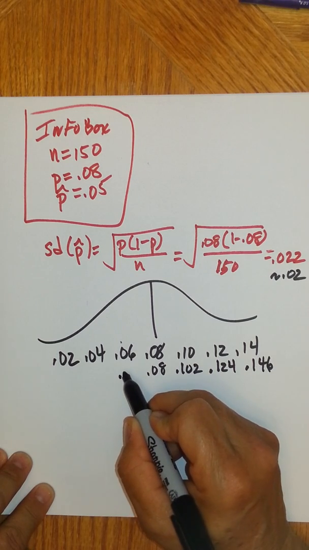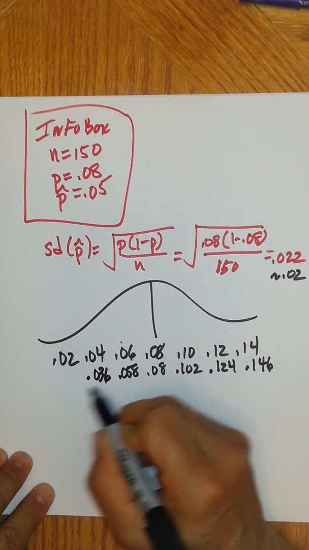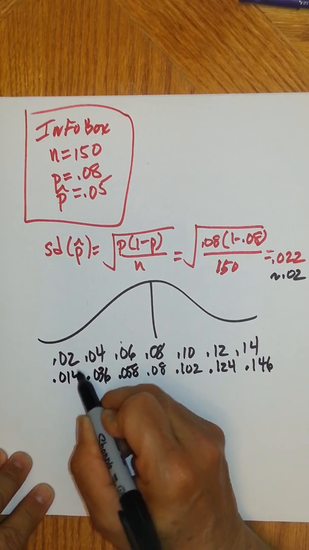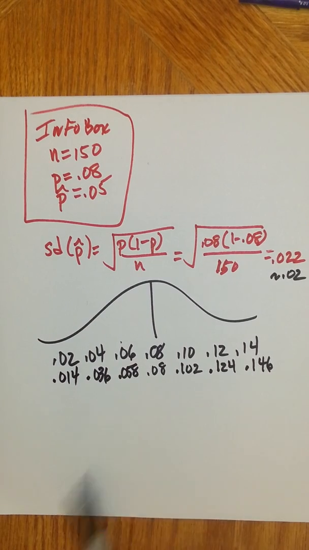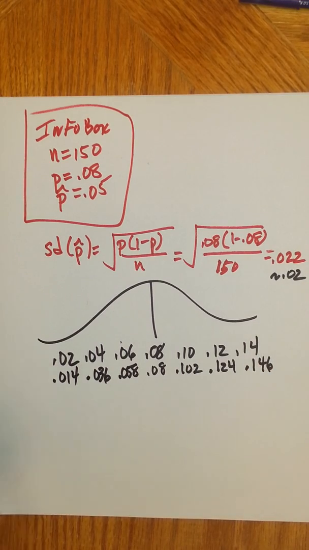And here you'd have 0.058, 0.036, 0.014. So you can see what rounding does. The reason I round is I like to just get a general feel for what's going on, and then I use the more precise 0.022 in my z-score. But you're going to see why I wanted to go out a little bit more accurately in this.